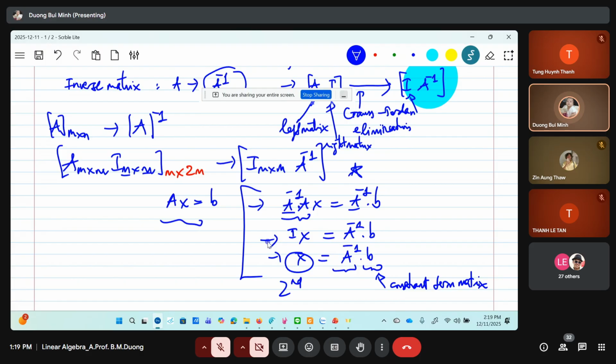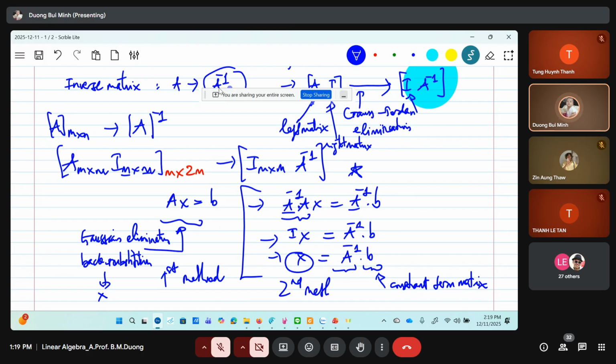The first method, you can use Gaussian elimination directly and back substitution to get X. So this one is the first method, and this is the second method.